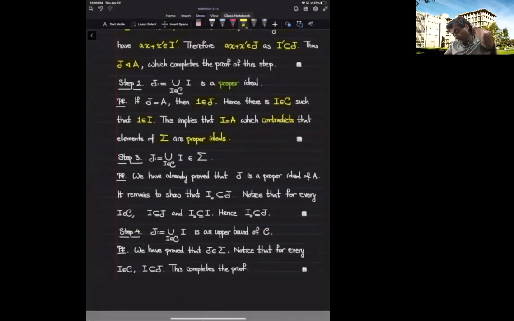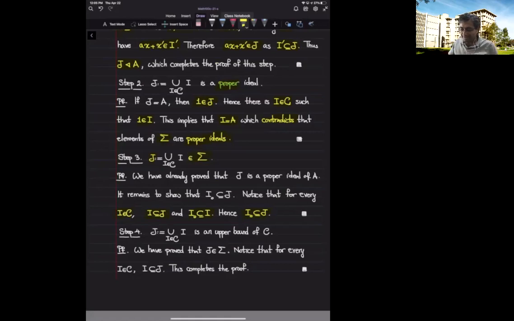Now I need to check why I naught is a subset of J, but that's rather easy because C is a non-empty chain. You pick your favorite element I inside this chain, then I would be a subset of J, but I is also inside sigma, so I naught is a subset of I. Altogether we get I naught is a subset of J. So J is indeed an element of sigma.